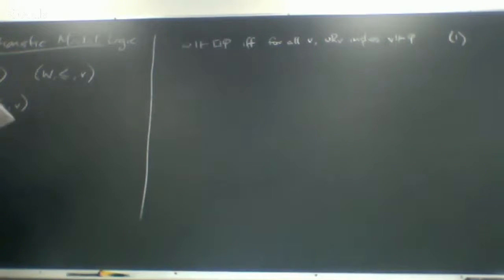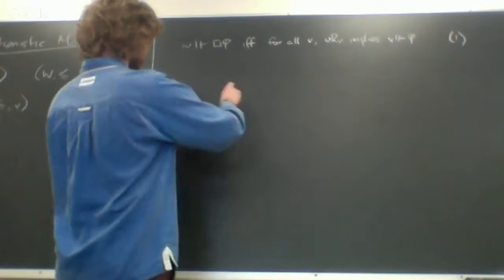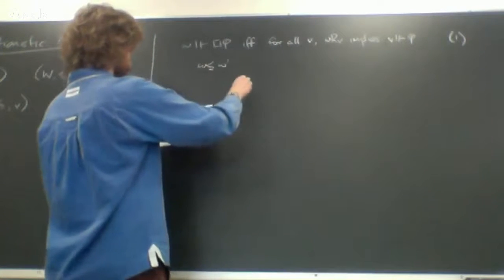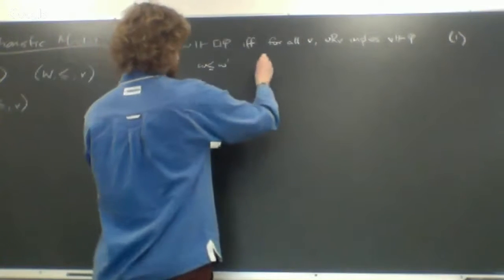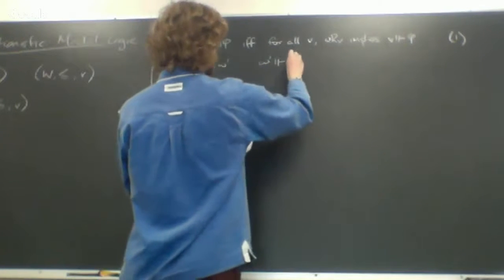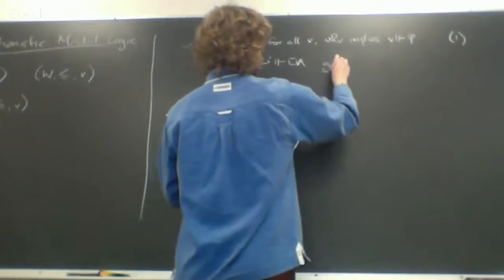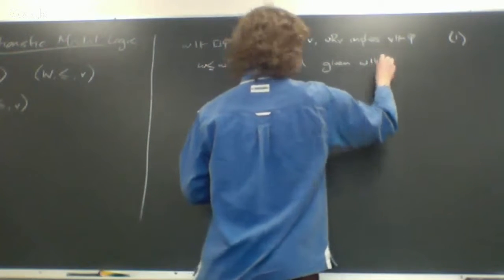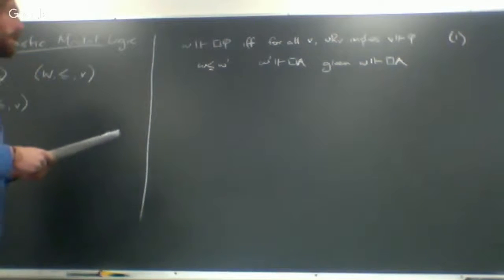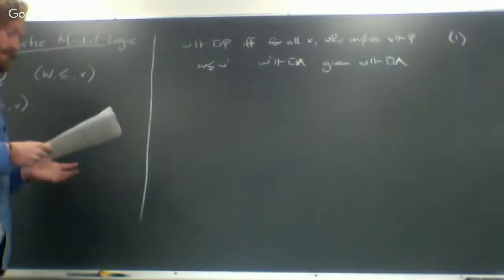There's no reason why, for any W prime greater than W, we should have that W prime satisfies box A, given that W does. So maybe okay as a first pass, but we want monotonicity to hold.